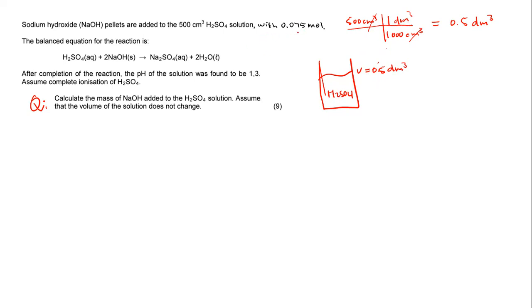Now we are also given the number of moles of H2SO4, which is equal to 0,075 moles, okay? So this is a prepared H2SO4 in a beaker. But now in this prepared solution of H2SO4, sodium hydroxide pellets were added onto this solution.